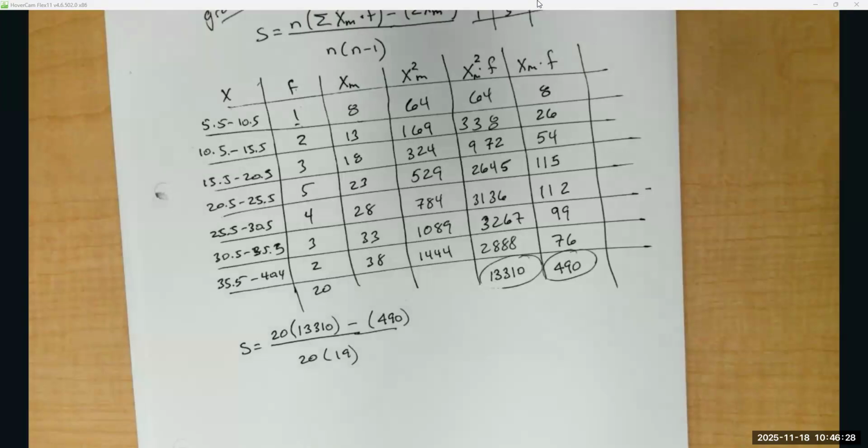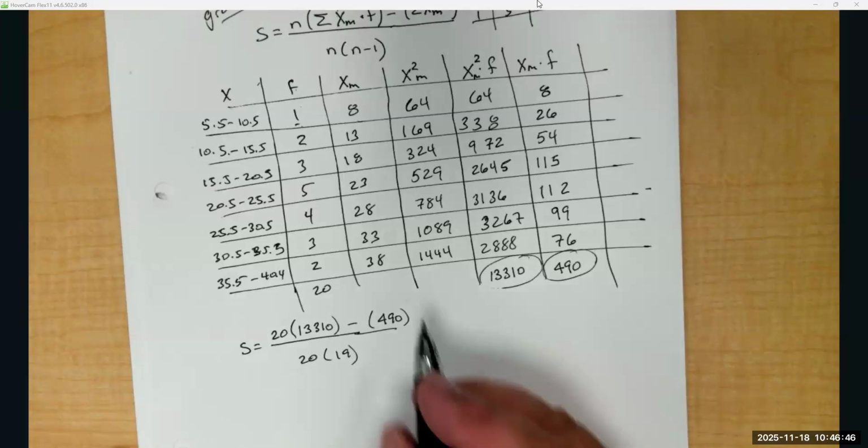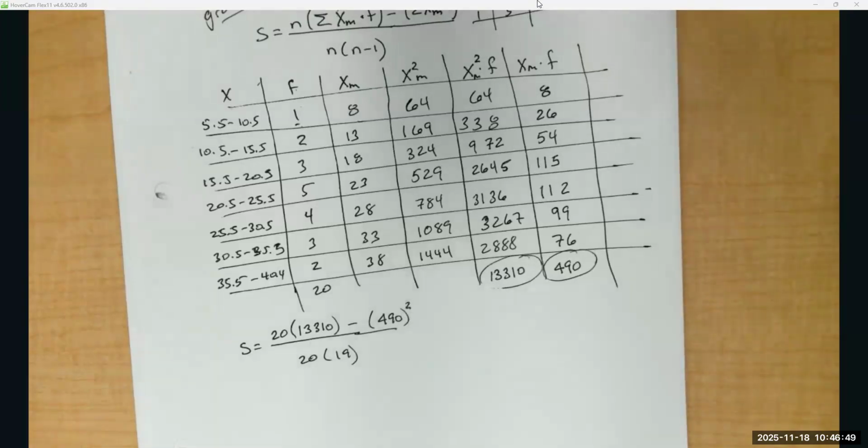So this way is a lot easier. I mean, there's still a lot of number punching, but it's a lot easier creating these columns. Nope, it's 490 squared.